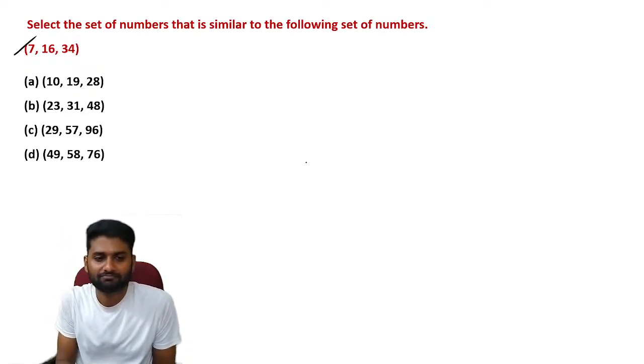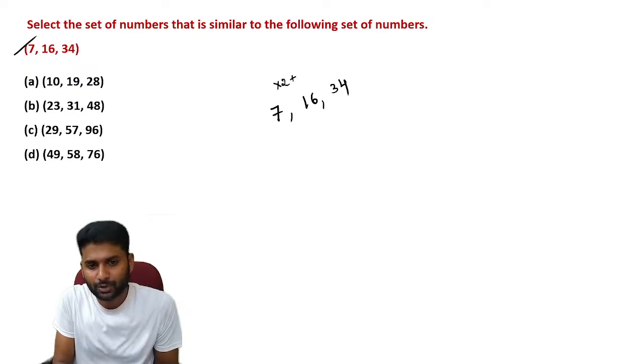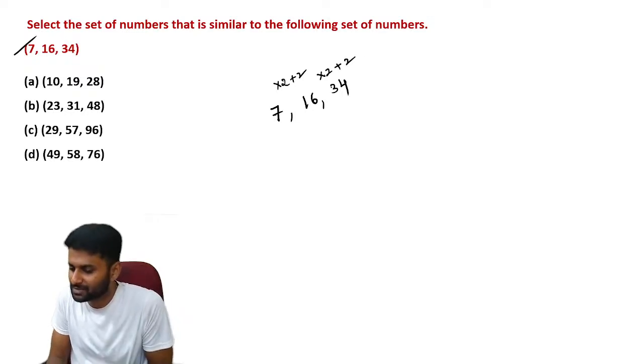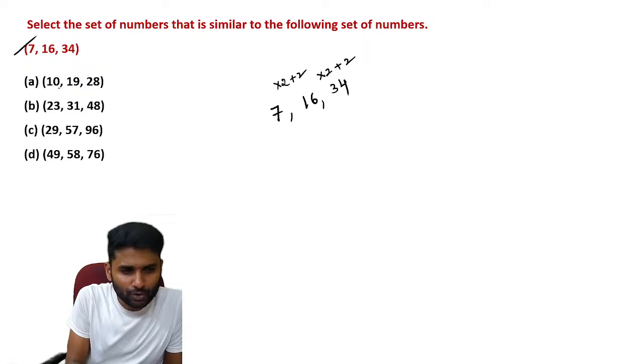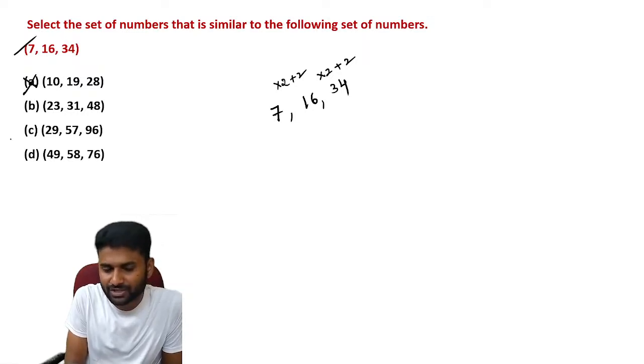So find the relation. What is the relation between 7, 16, and 34? If you observe, 7 multiplied by 2 plus 2 becomes 16. In the same way, 16 multiplied by 2 plus 2 becomes 34. Now if you go through the options, 10 into 2 minus 1 does not follow our condition. 23, 31 does not follow our condition. 29 and 57 also do not follow our condition.